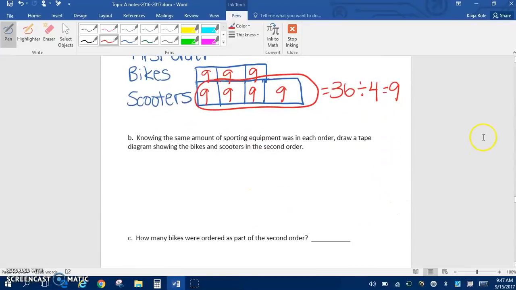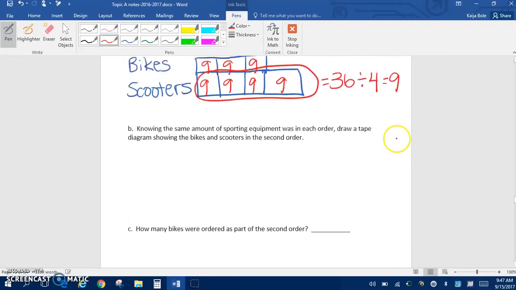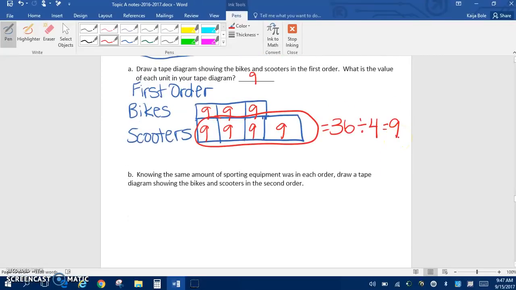Now for the second order, for part B, it says knowing the same amount of sporting equipment was in each order, draw a tape diagram showing the bikes and scooters in the second order. So this is the second order. I'm doing this one in green to match what I underlined above. Still doing bikes and scooters.